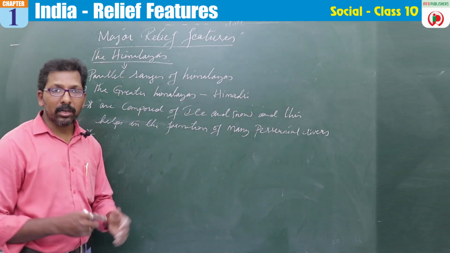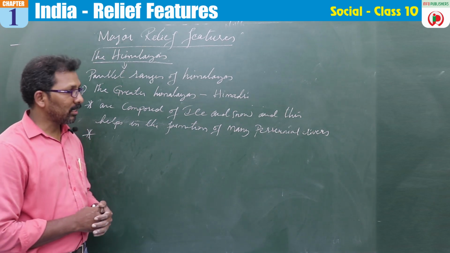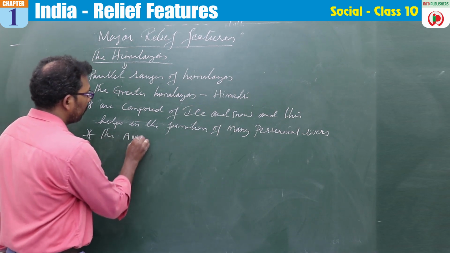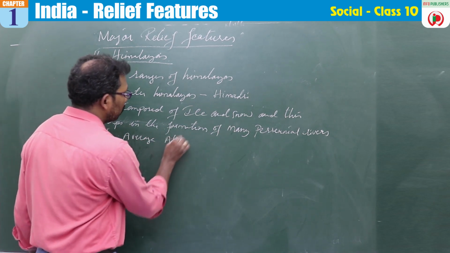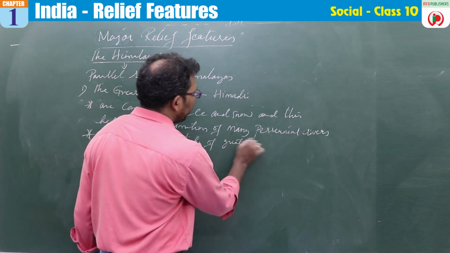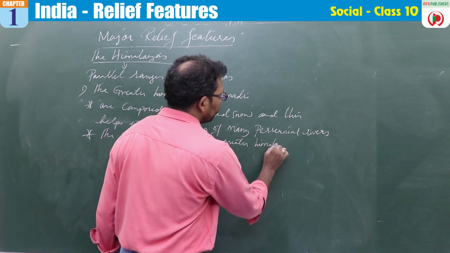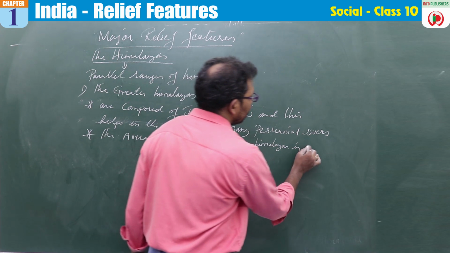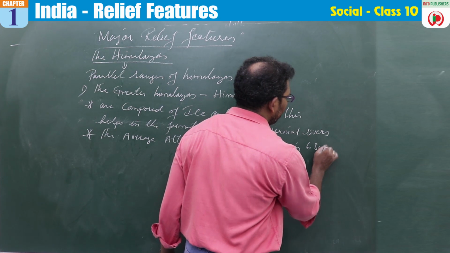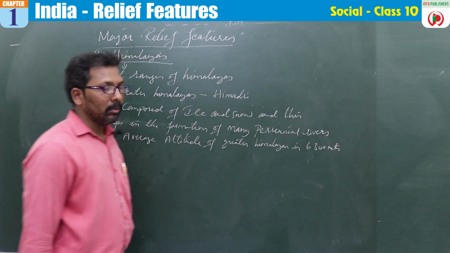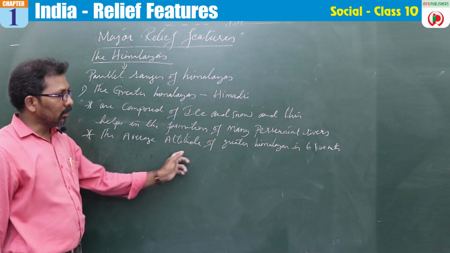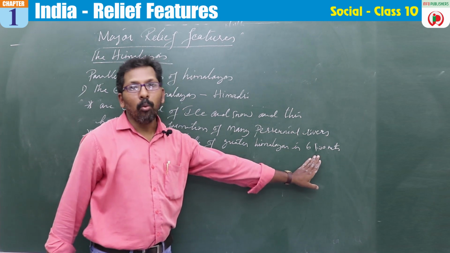There are many peaks in these Himalayas, and the average altitude of Greater Himalayas is, sorry, 6,100 meters.